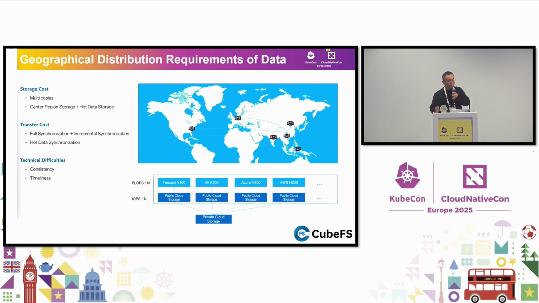The first one is to transfer all the data and then transfer the incremental data. However, the data transferred may not be needed by the application in different regions. The second one is just transferring the whole data. Despite this difference, there are still some common difficulties to address. One of the main difficulties is ensuring data consistency.